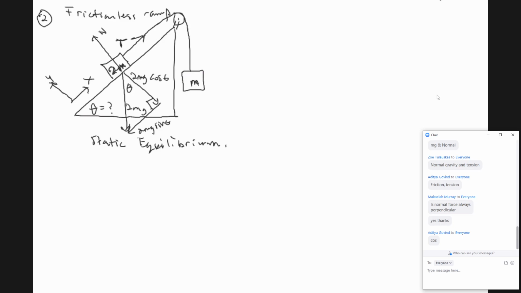Okay? So if we look at the 2m mass, the sum of the forces in the y direction is simply normal force minus 2mg cosine of the angle is equal to mass times acceleration. And this is 0. It's in static equilibrium, i.e. static means not in motion, staying still.